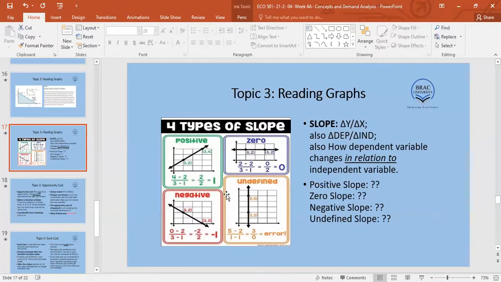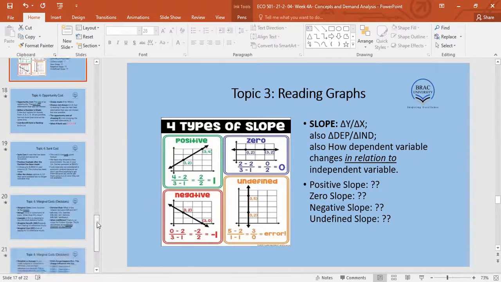Then the slope becomes 0. Got it? And that's why I've written here how the dependent variable changes in relation to the independent variable. If both of them are increasing, it's positive. If both of them are decreasing, it's negative. And these are the two extreme cases. But that depends on how we define the axis.